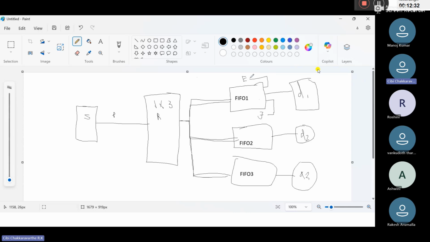So for that indication, there is a FIFO. This FIFO will tell whether it is in an empty or full state.